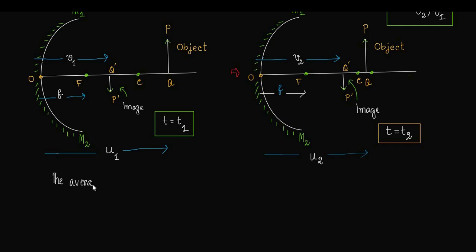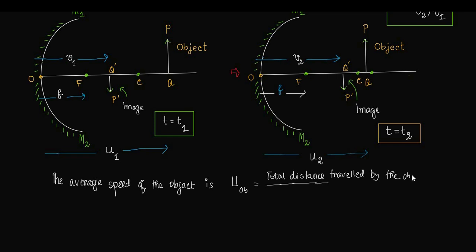Now the average speed of the object PQ is given by capital U subscript OB. U_OB is equal to total distance traveled by the object PQ divided by total time.